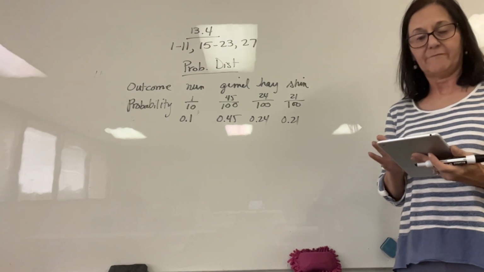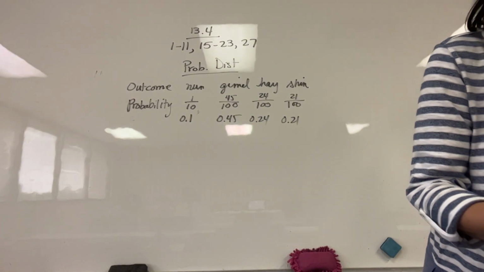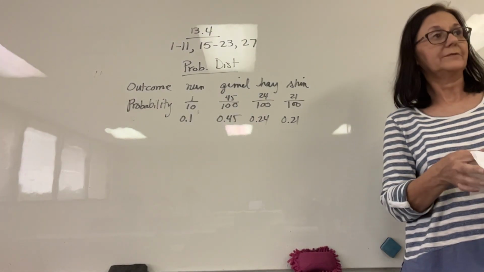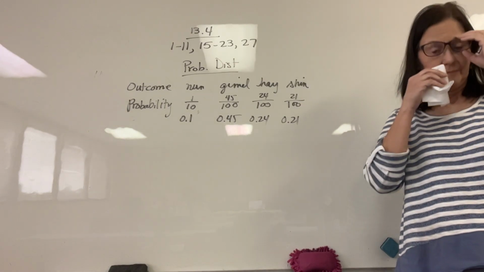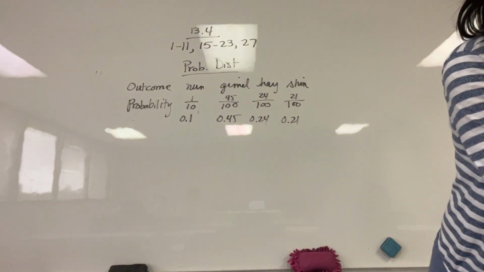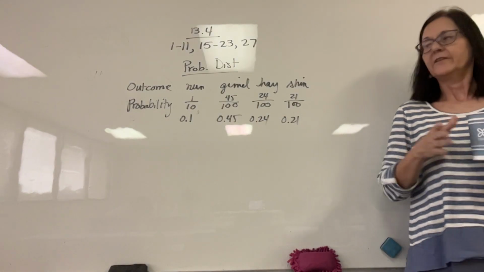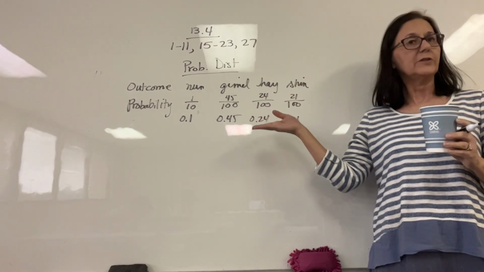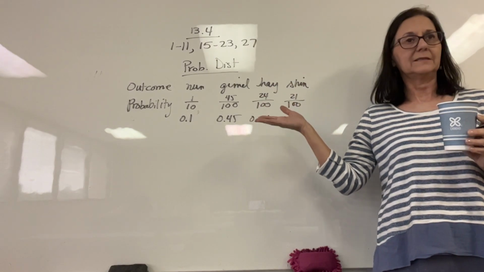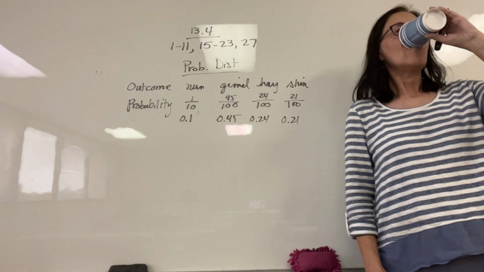It's nice to have both of them, because I bet my answer key has just the decimals. Okay, does everybody understand probability distribution? The favorable outcome over the total possible outcomes. That's all it is. Everybody good with this? Yeah.